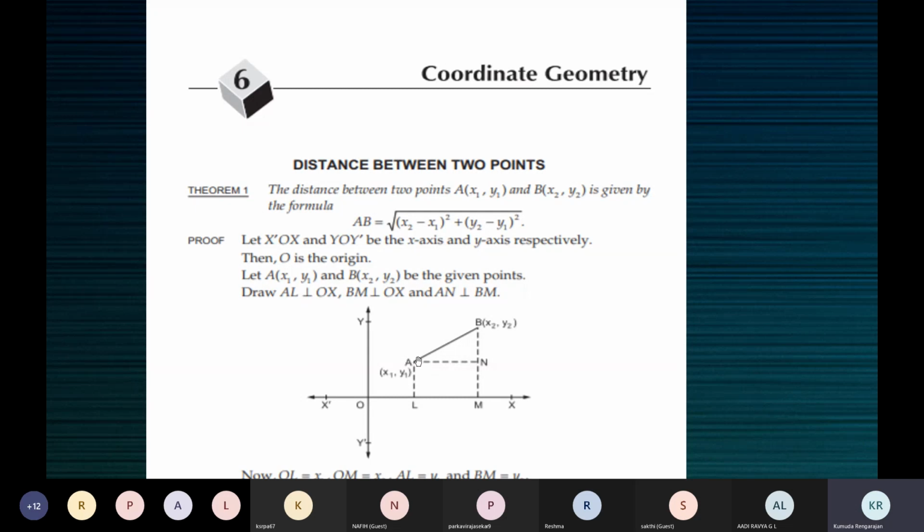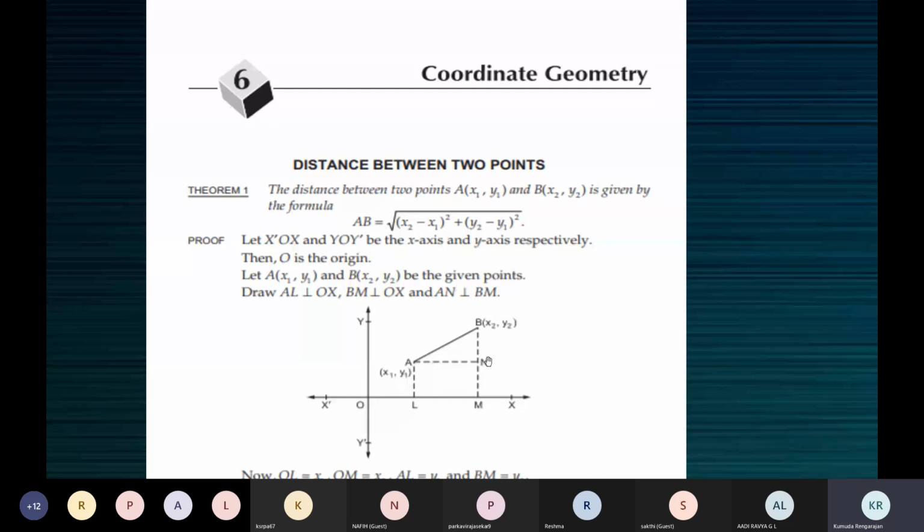Also draw AN perpendicular to BM. So AL is perpendicular to the x-axis, BM is perpendicular to the x-axis. That means from the 2 points A and B, we are dropping perpendiculars to the x-axis. Then from A, draw AN perpendicular to BM.